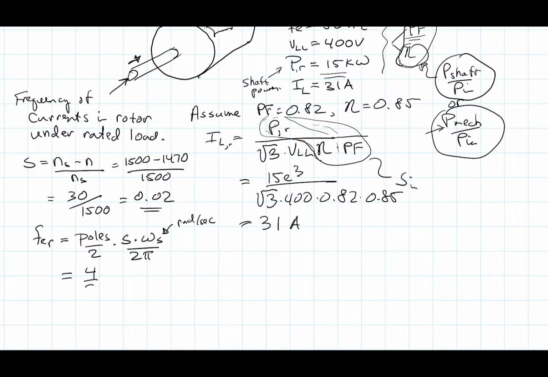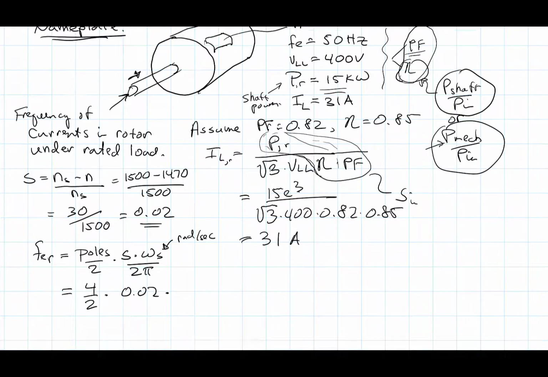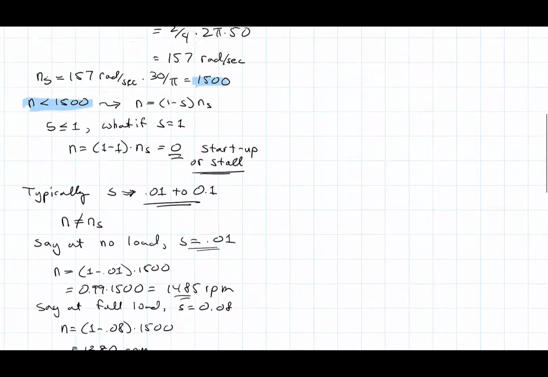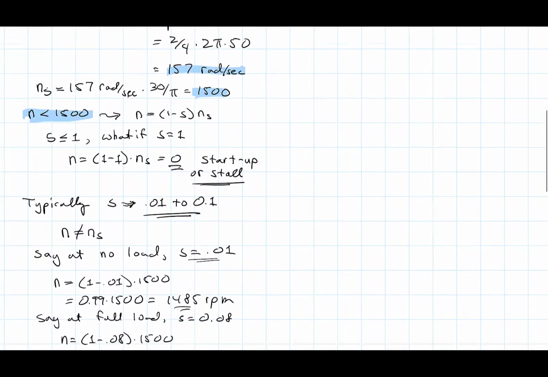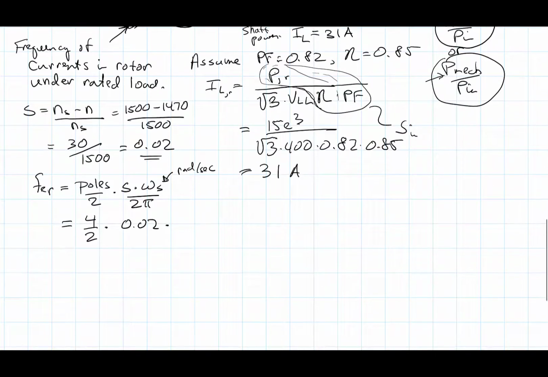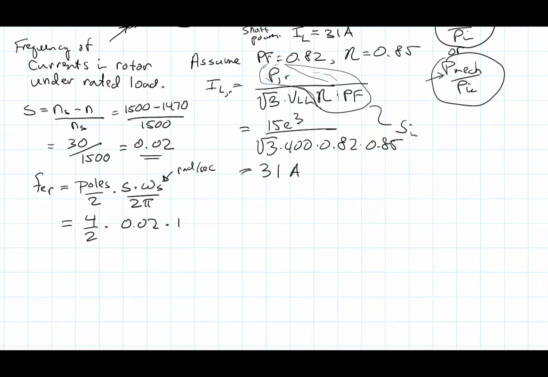So 4 over 2 times s, where s is 0.02, and the omega_s we found up here, 157, divided by 2 pi.